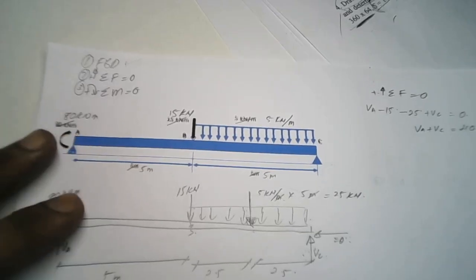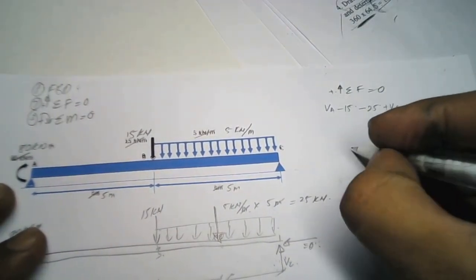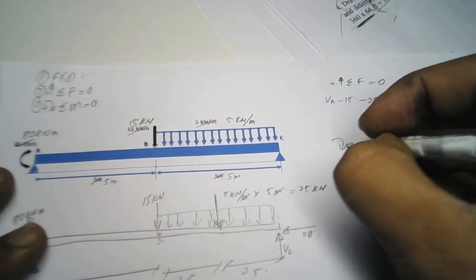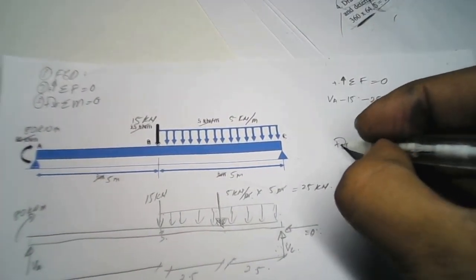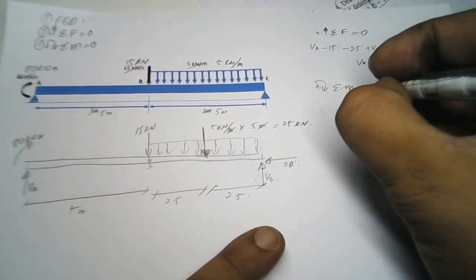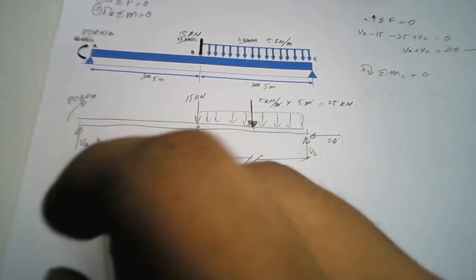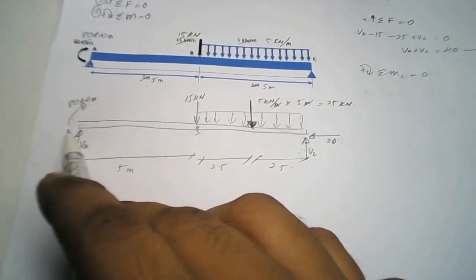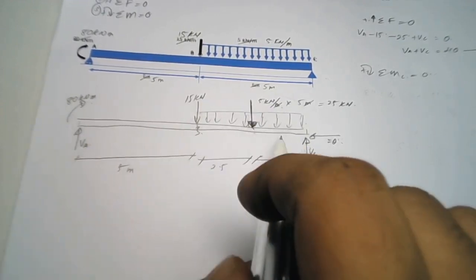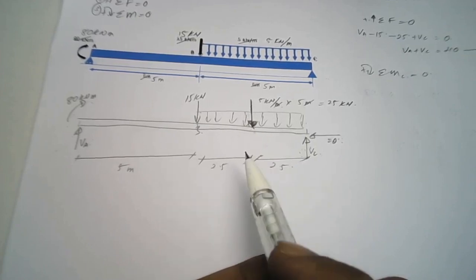Next, for our third step, summation of M equal to 0. I declare clockwise is positive and the moment is at point C. So how many moments do we have here? We have one concentrated moment and four concentrated forces, which all develop a moment.